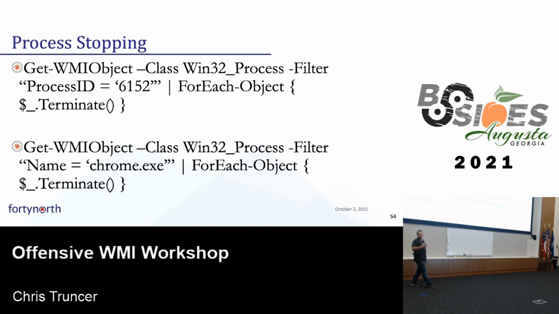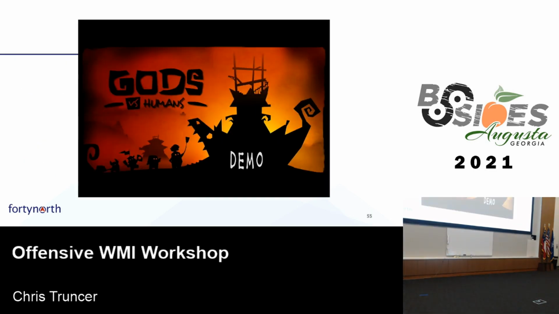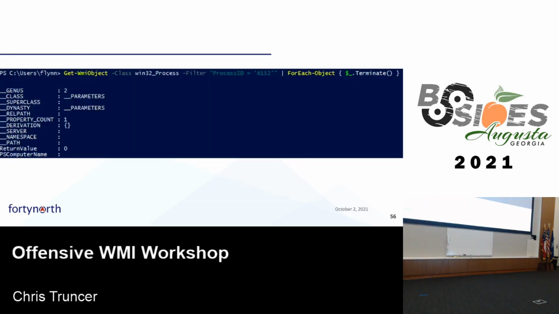All right, let's go ahead and keep on going. So hopefully everyone's able to see something like this. In this case, I already know whatever the process ID is that I'm trying to terminate. So I'm, again, calling Get-WmiObject, finding my filter of whatever the process ID that I'm targeting, piping that into ForEach-Object and calling the terminate method on it, and I'm getting some output right here.